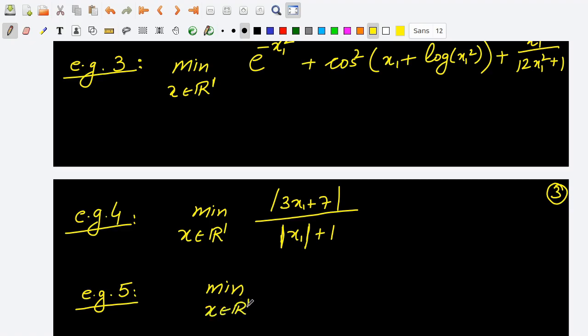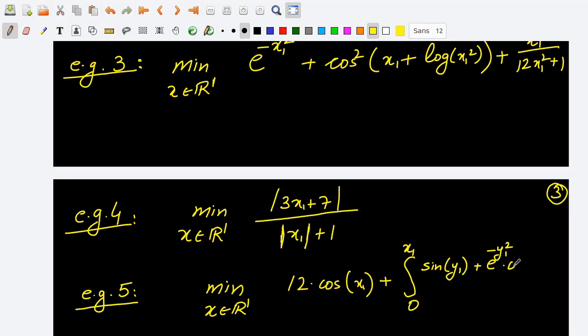So, for example, again in one dimension, suppose my function looks like this: 12 times cos of x1, which is a nice function, just one trigonometric function, but the second term could actually be an integral from 0 to x1 of sine y1 plus e to the power minus y1 square cos of y1 divided by 1 plus y1 square dy1.